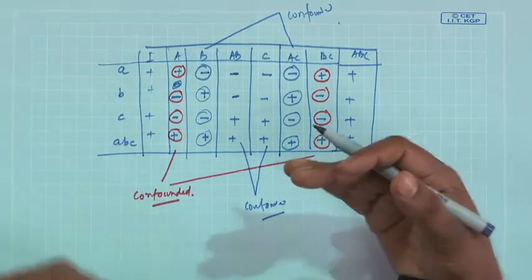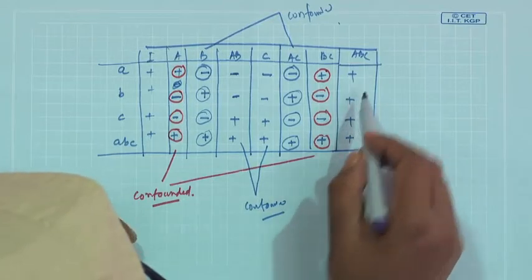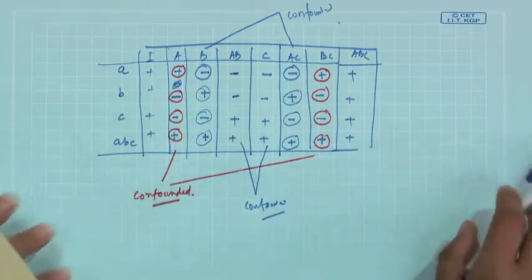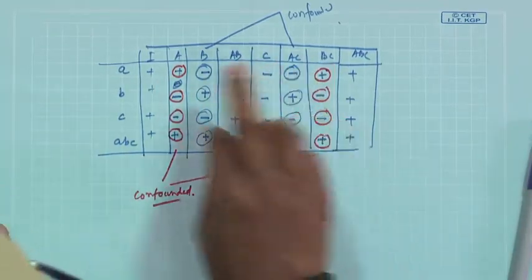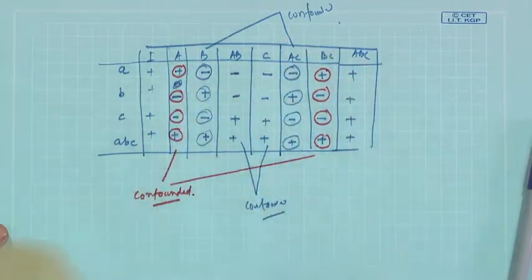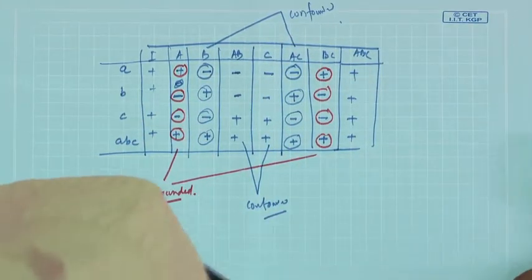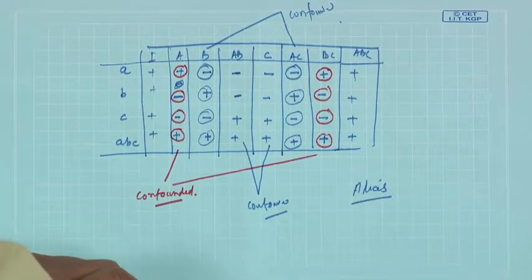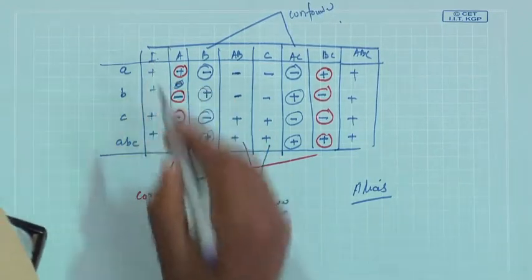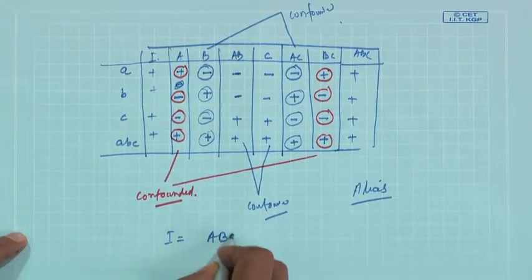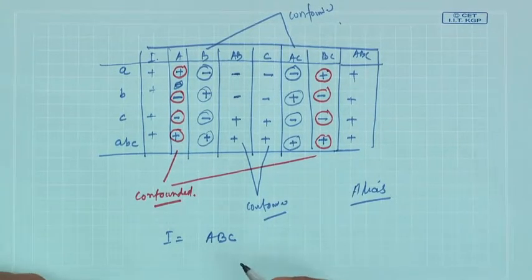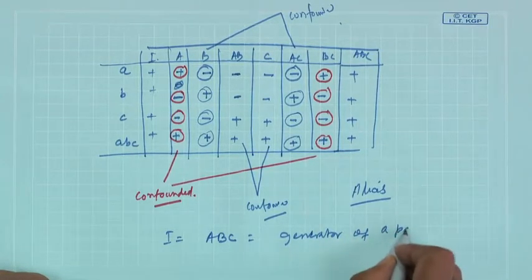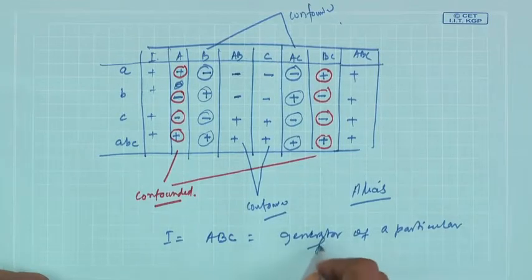That means, if you do 1/2, you will not be able to estimate all the effects uniquely. Some of the effects will be confounded with others. This is known as alias structure, alias. And here this concept I equal to ABC is called the generator of a particular fraction.